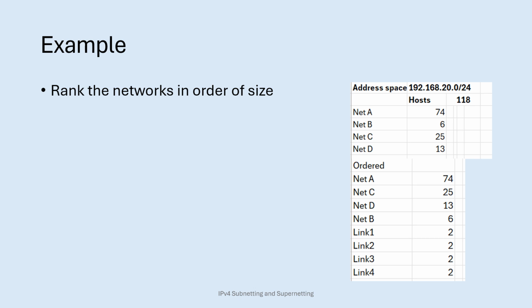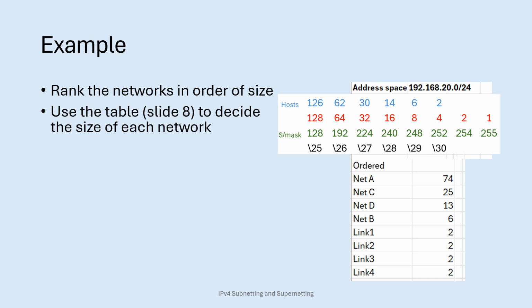It makes sense. So I'm going to go back to the table that I suggested we used a couple of slides ago, and I'm going to use that table to decide what is the smallest subnet I can have for each network.